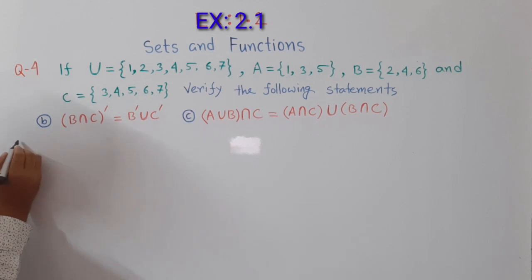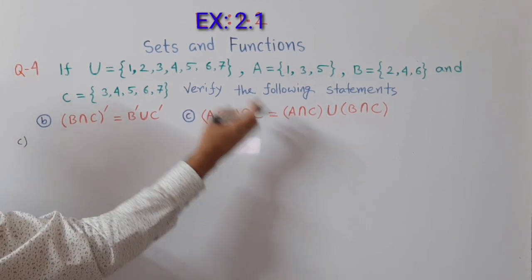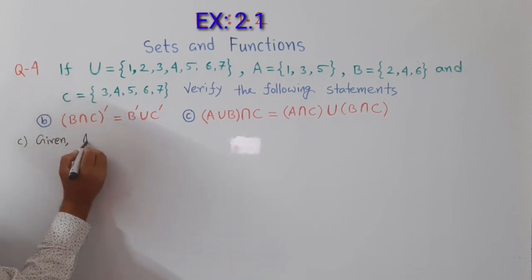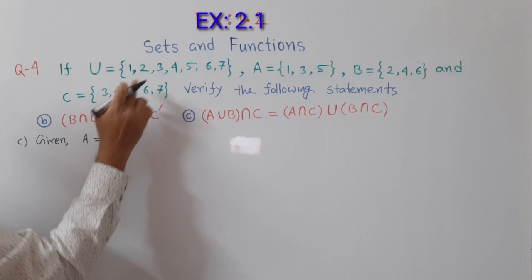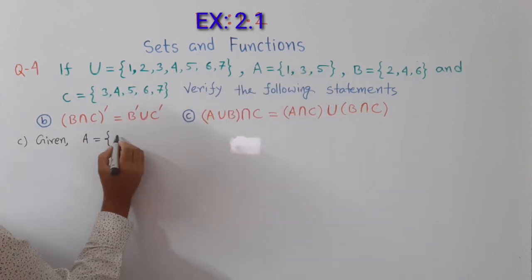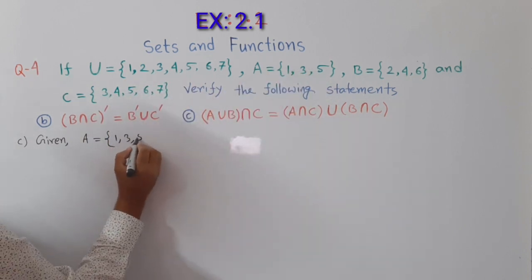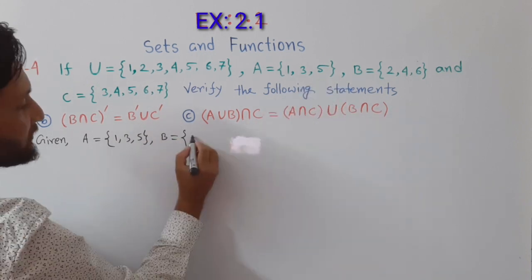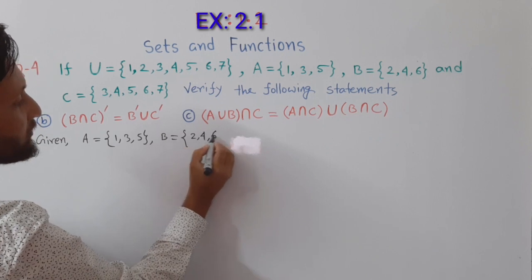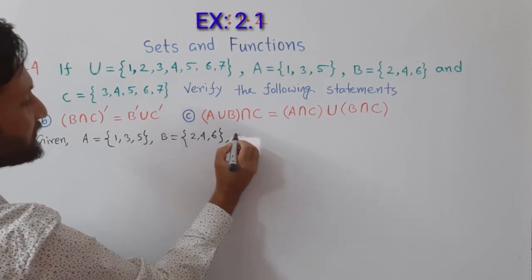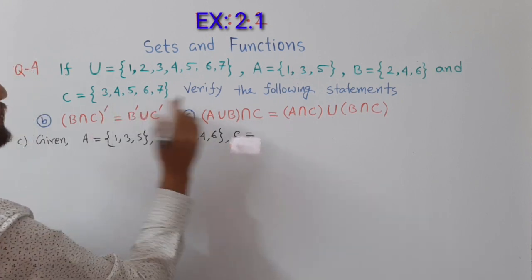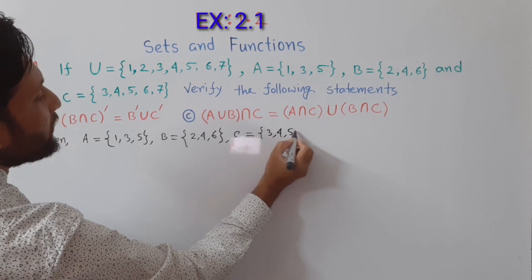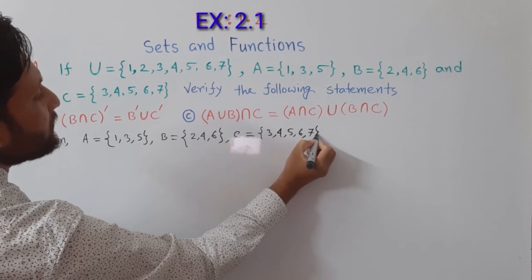So given set A, B and C from the scheme, write down here given set A. So in this scheme set A 1, 3 and 5, 3 elements, and set B 2, 4 and 6, also 3 elements, and then set C equal 3, 4, 5, 6 and 7.